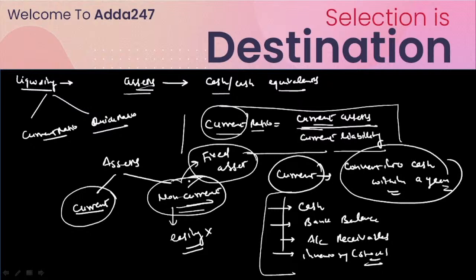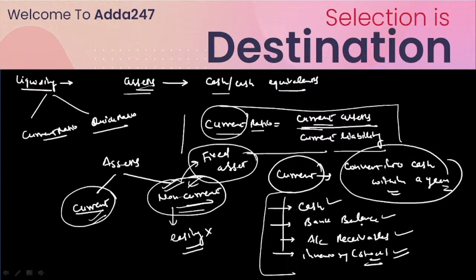Assets that cannot be converted into cash easily are non-current assets, and assets that can be converted into cash easily within a year are current assets, like cash, bank balance, account receivables, inventory. Inventory is also known as stock.